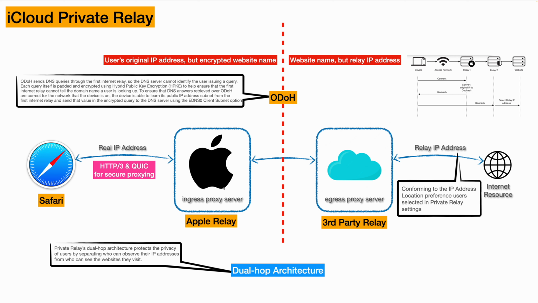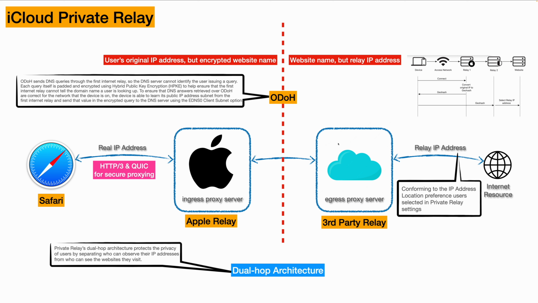Apple's relay server or proxy server, of course, will know your client's real IP address, but as noted here, your query itself is encrypted, so Apple doesn't know your query. Apple's first proxy server will connect to a second proxy server. It's an egress proxy server. This is the second relay in the whole process, owned by a third party.